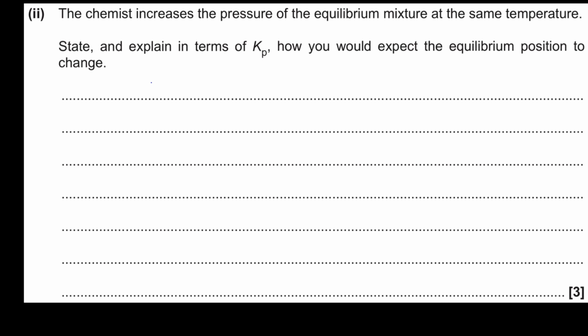Part 2. The chemist increases the pressure of the equilibrium mixture at the same temperature. State and explain in terms of Kp how you would expect the equilibrium position to change.